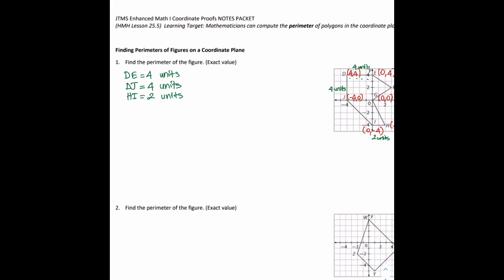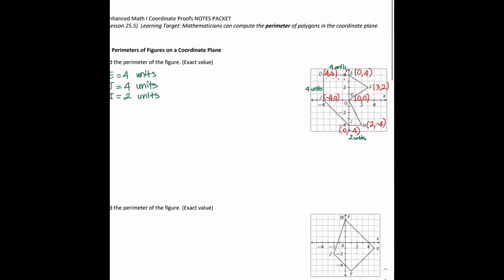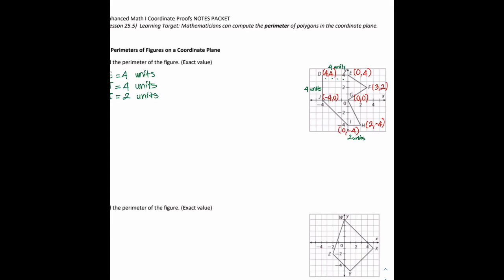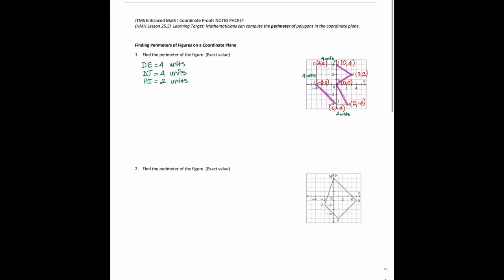Now let's see what we don't know. If I go back to my shape, I need to find the length of segments EF, FG, GH, and JI. So I need to find these 4 segment lengths.